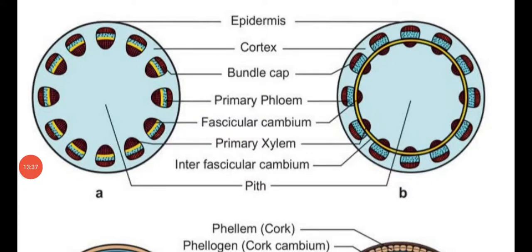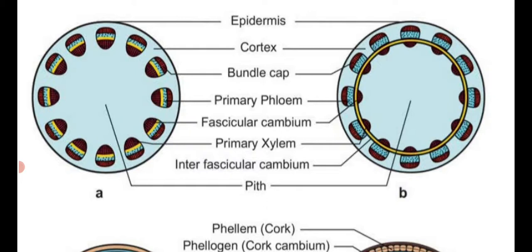Dear students, these are the different diagrams showing secondary growth in dicot stem. That means how secondary xylem and secondary phloem are formed from the vascular cambium. See the first diagram A. There are different vascular bundles, that means many vascular bundles.